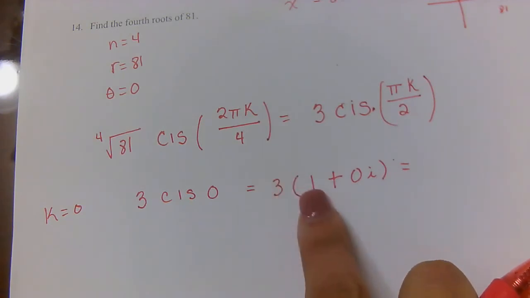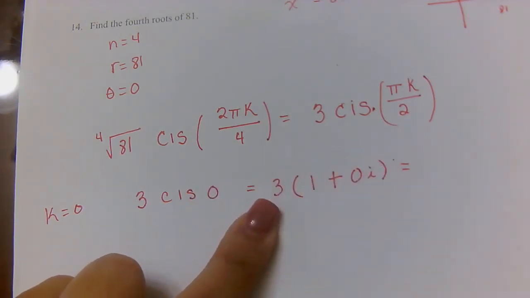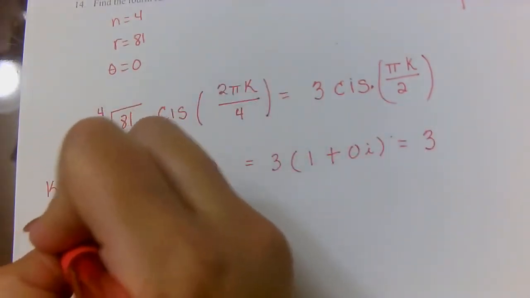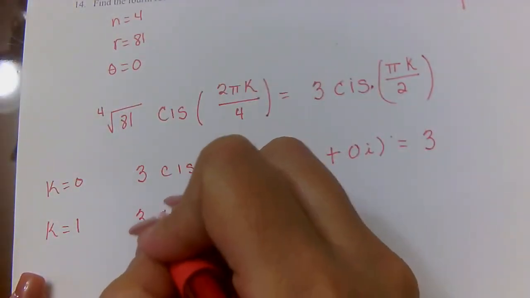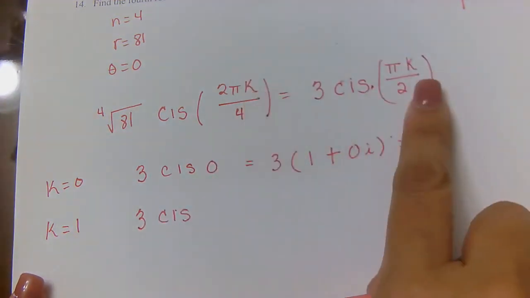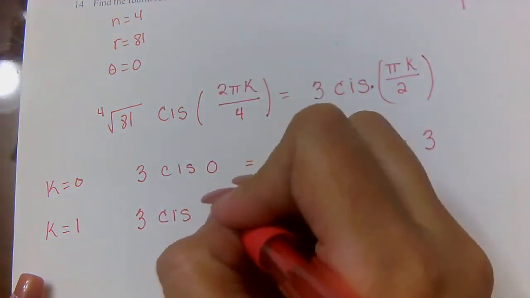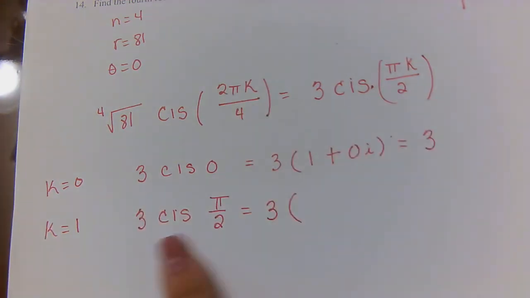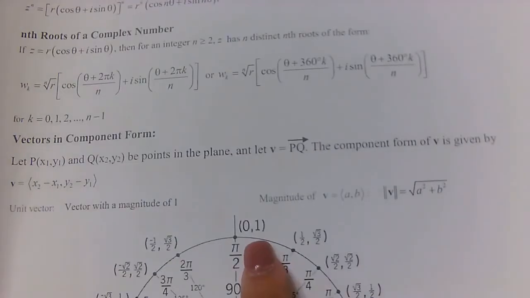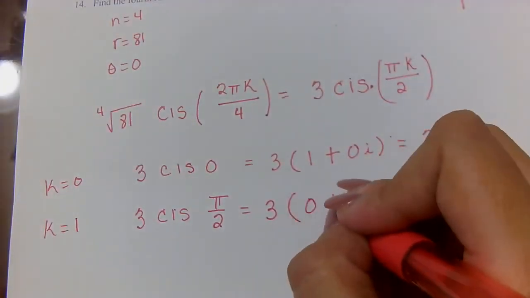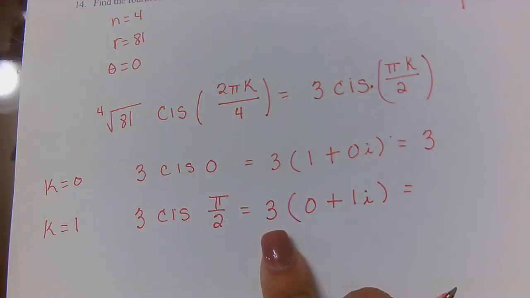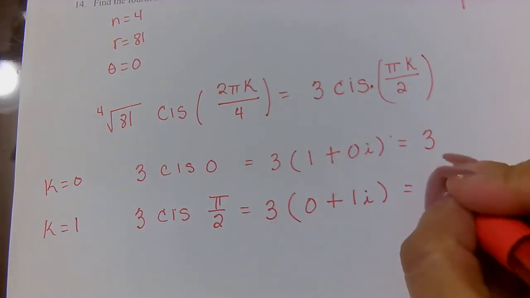When I evaluate this, I'm going to distribute it in, and I'm going to get 3. Okay, k is equal to 1. We're going to have 3 CIS pi over 2. Cosine of pi over 2 is going to be 0, plus sine of pi over 2 is going to be positive 1, i. Distribute the 3, and I'm going to get 3i.